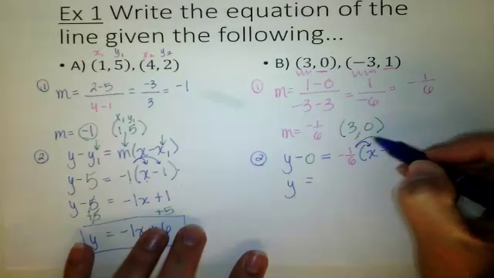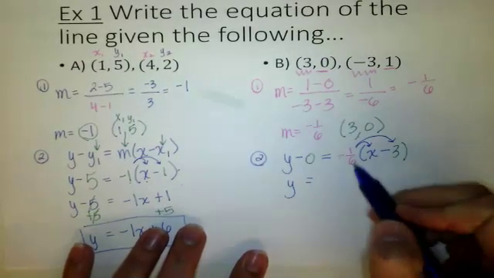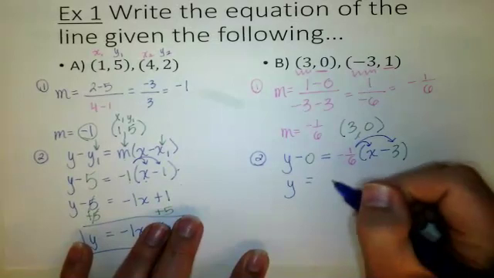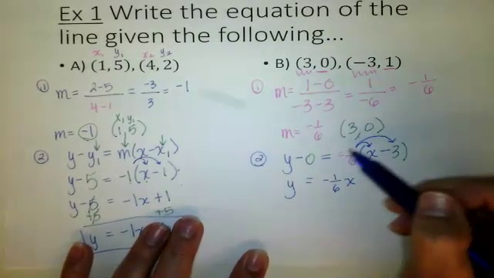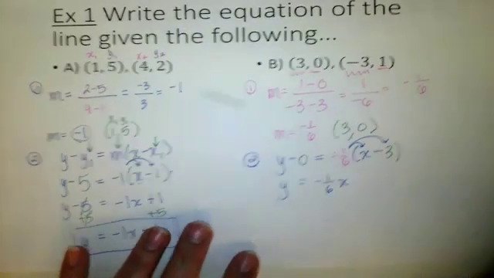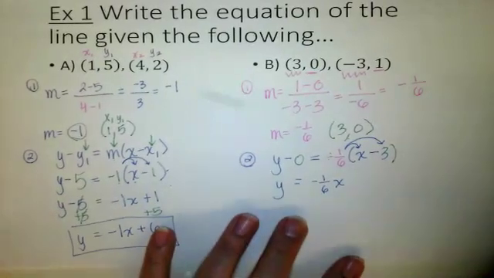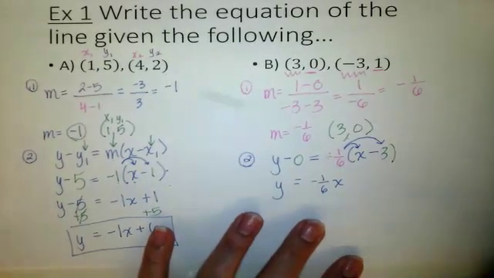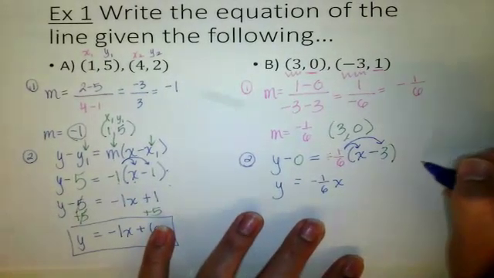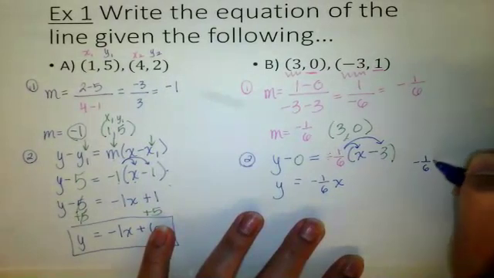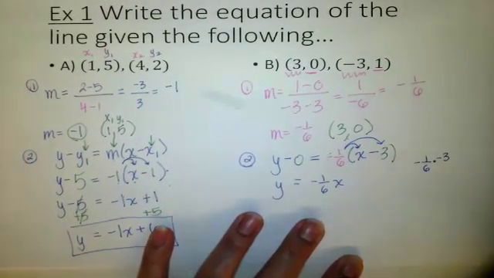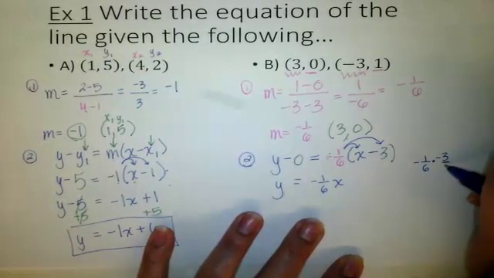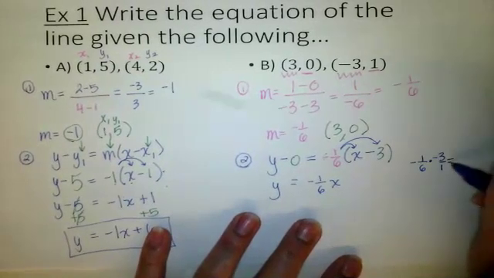All right, and now we can distribute. Negative 1/6 times x is? Negative 1/6x. What is negative 1/6 times negative 3? Let's see. That's a fraction. I can write it to the side here. What should I do with the 3? Put it over 1. How do you multiply fractions?